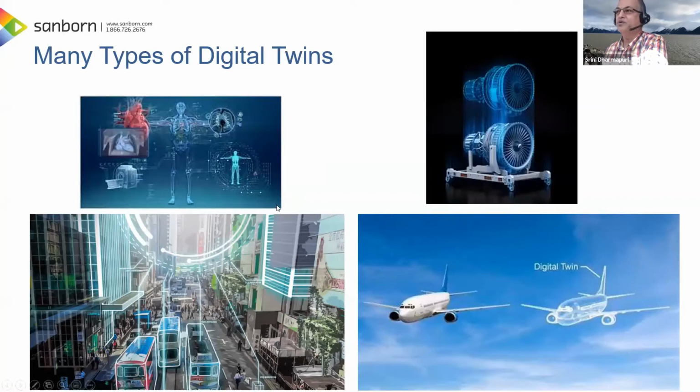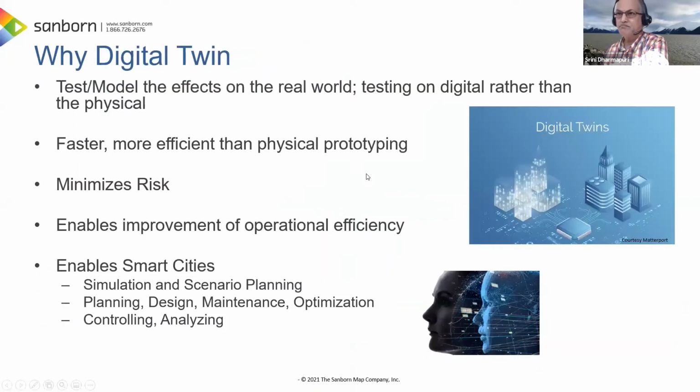I'm showing this slide just to show you that it can be products which need not be geospatially referenced, or products which can be geospatially referenced. But I will confine my presentation to only those which are connected to geospatial information. So the question: okay, we know what a digital twin is.